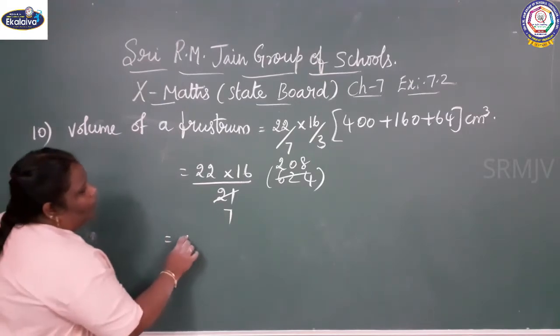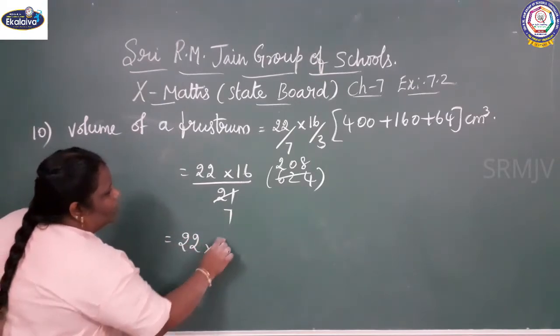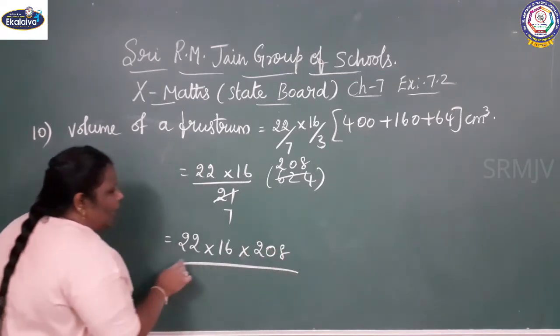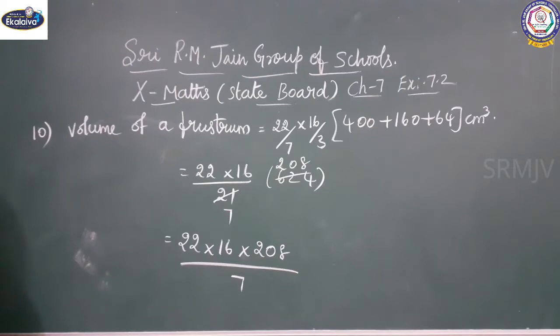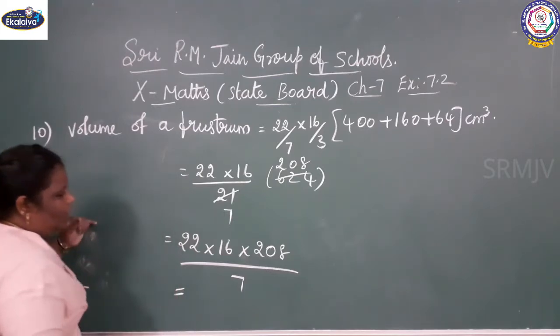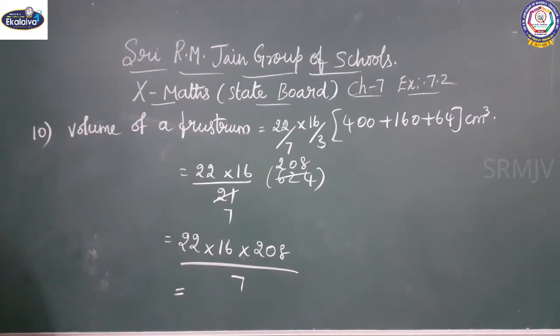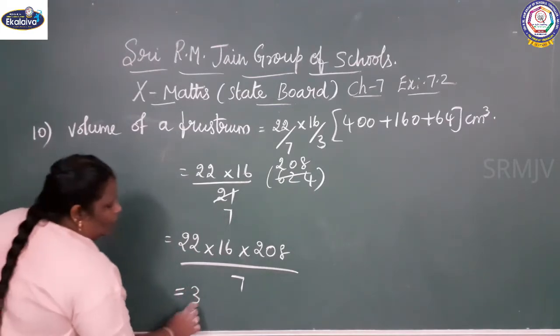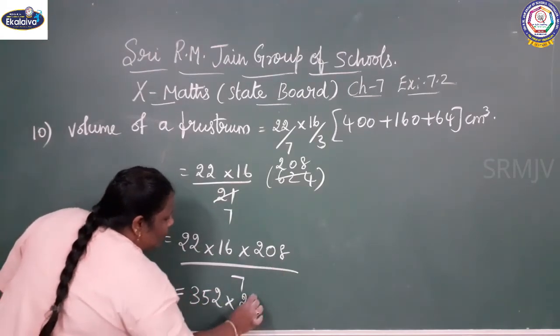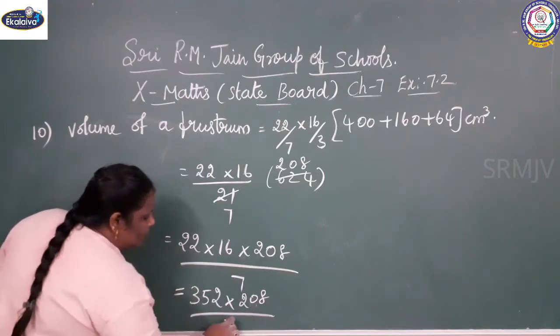So 22 into 16 into 208 by 7. 22 into 16 is 352. 352 into 208 by 7.